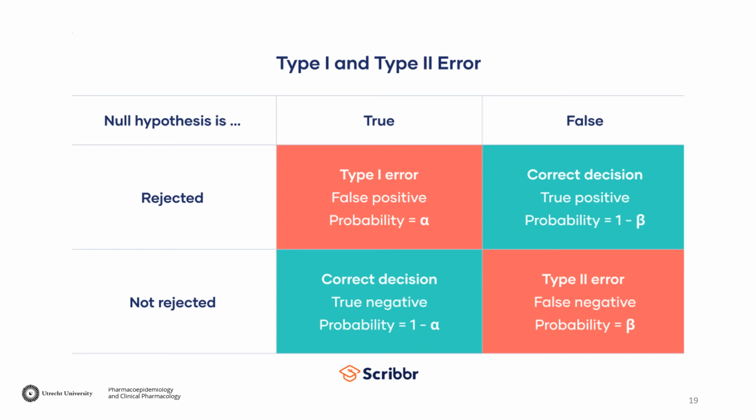Clinical trials cost a ton of money to make, and if we don't have enough power, or if we make these kinds of errors, then everything is kind of wasted.